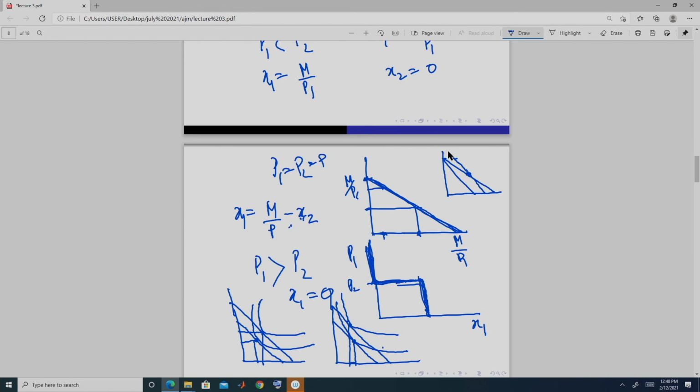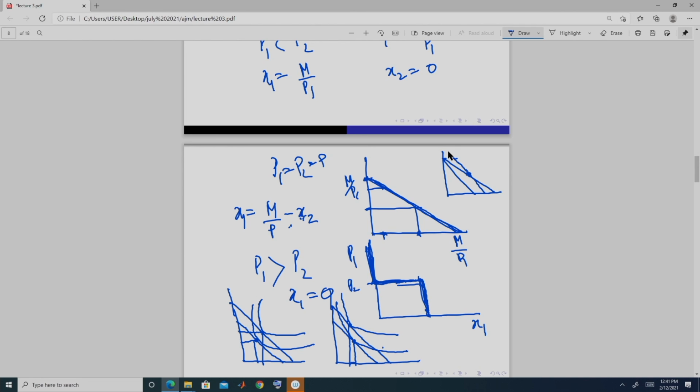The P2 by P1 ratio is the exchange rate. If you want one more unit of good 1, how much is the market asking you to reduce the amount of good 2? That is the exchange rate here, or the slope of the budget line.